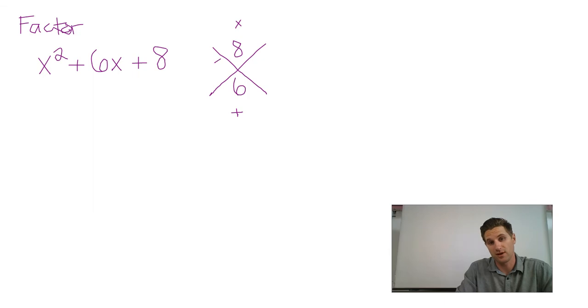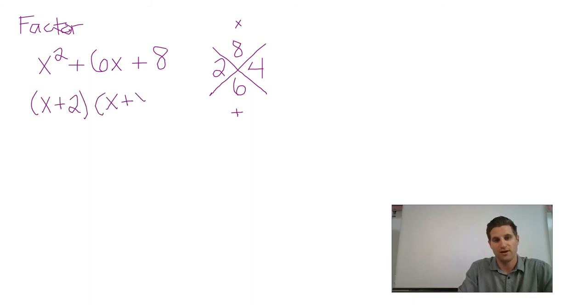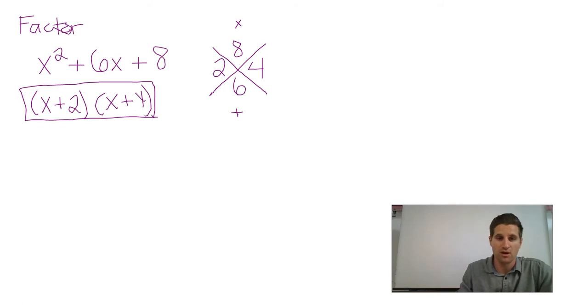So the two numbers that would do that would be 2 and 4. And so all we do is we take x plus 2 and x plus 4. And that's how we would factor that, and it would be pretty simple. So this is called x factoring, where we come up with the two terms. Okay? Now, we can also factor larger terms, okay?